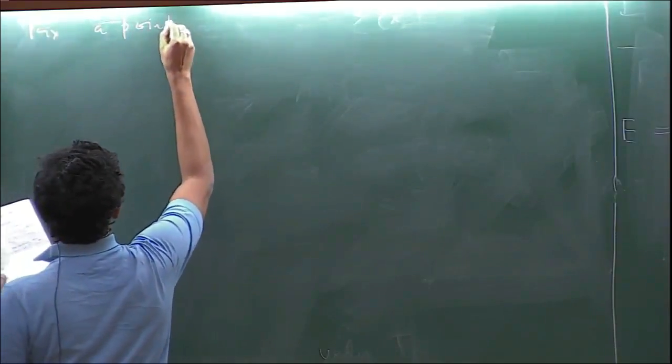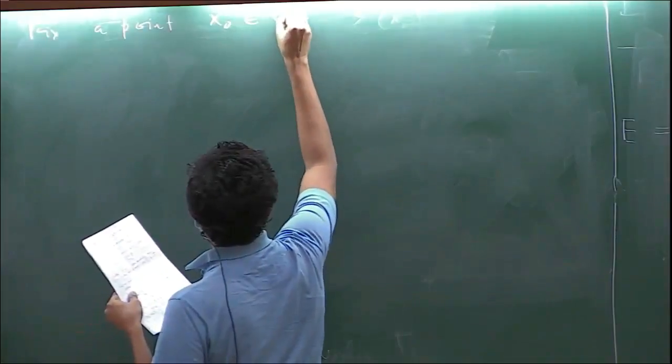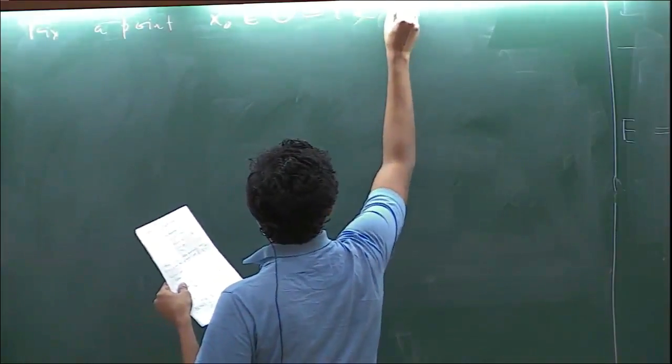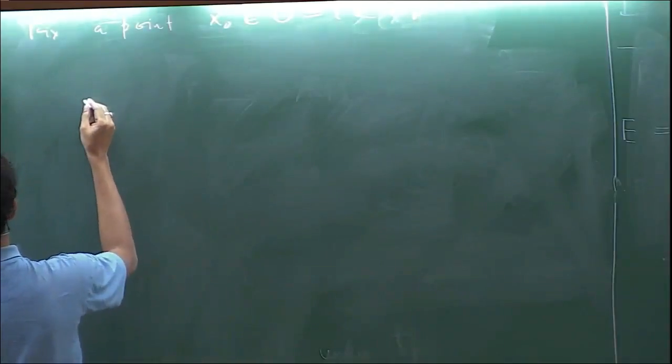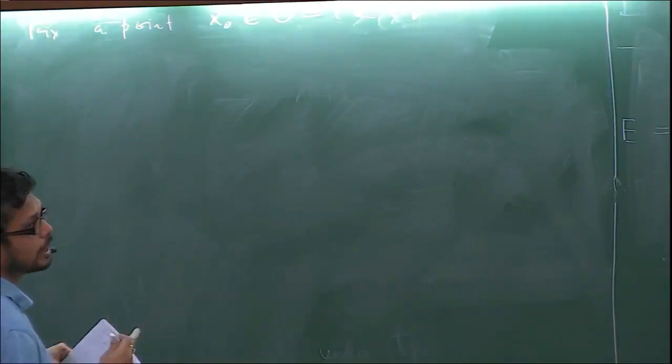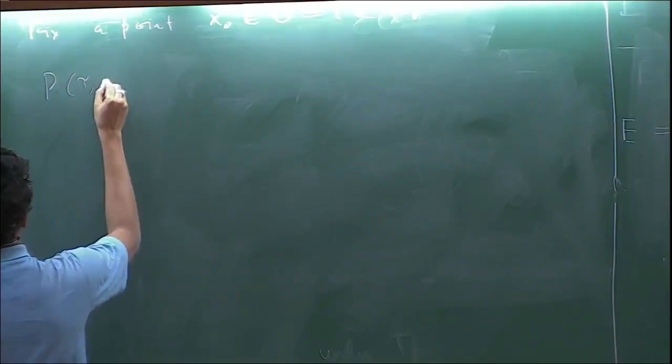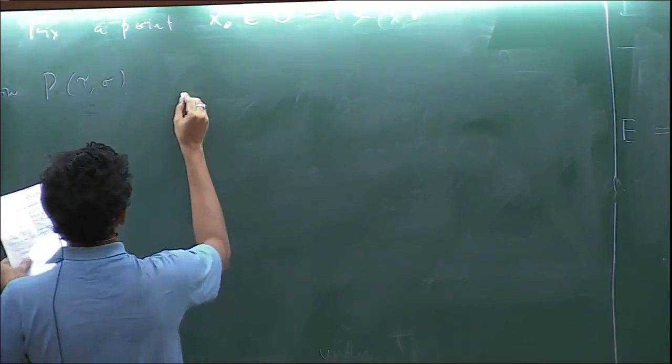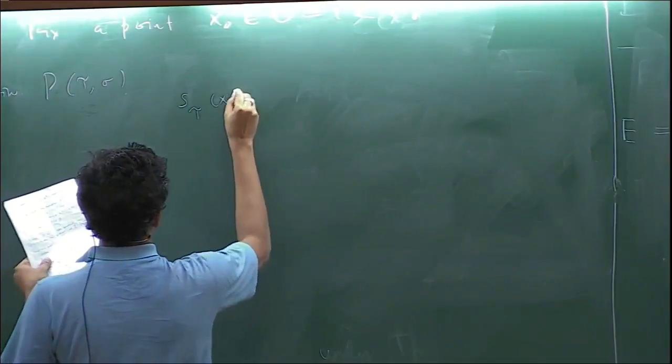Okay. So fix a point x naught in the open orbit, which is isomorphic to T, which is in X sigma for all sigma. Now for every sigma you have this section, S sigma. So you define P tau sigma to be S tau of x naught.